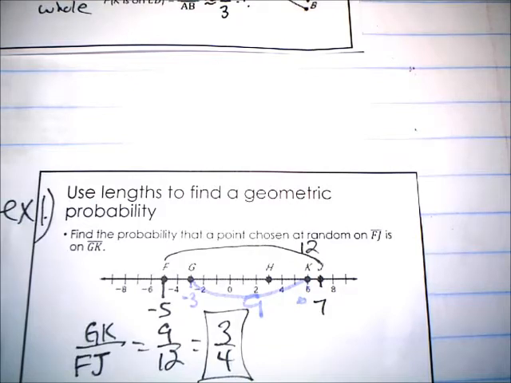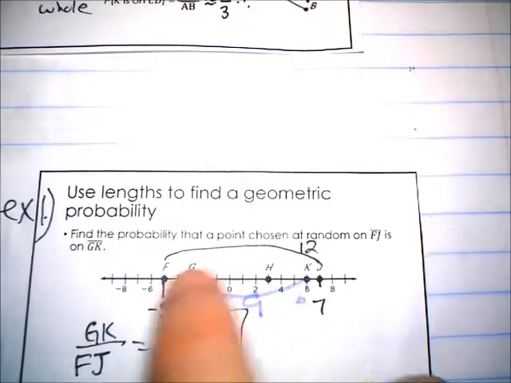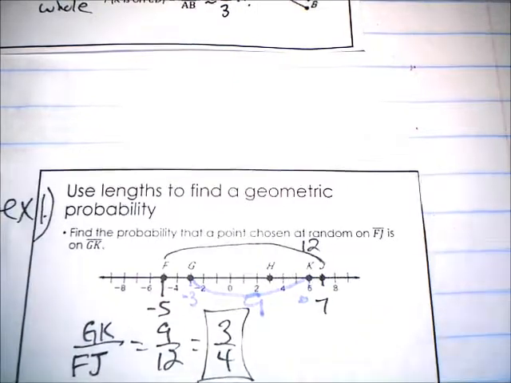Okay, if I go to the next definition, this is probability and area.